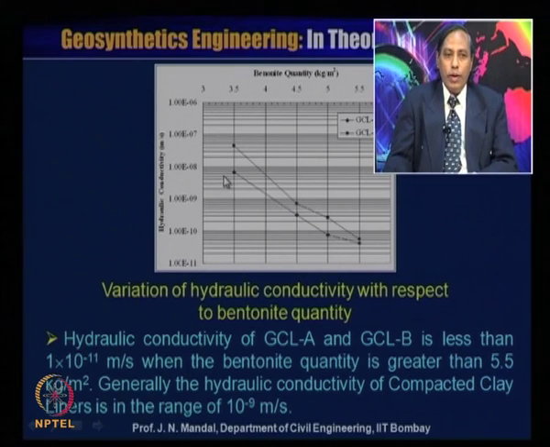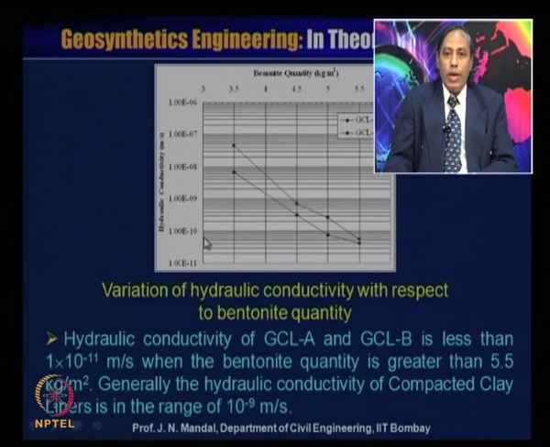So, this is for the GCL sample A and also GCL sample B. So, you can observe from this figure that hydraulic conductivity of the GCL A and the GCL B is less than 1 into 10 to the power minus 11. Here you can see 1 into 10 to the minus 11 meter per second.